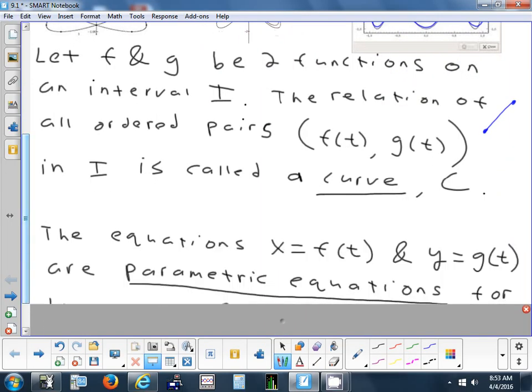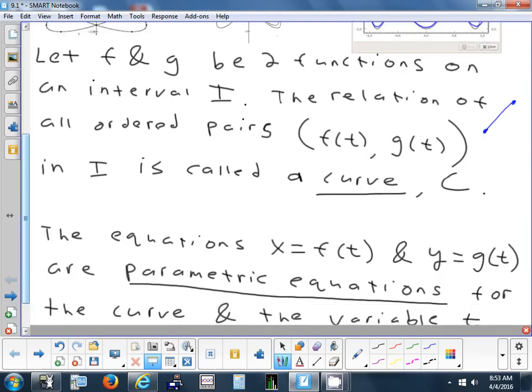The two equations that help you draw your curve, the equations you type into the calculator, are called the parametric equations for the curve. You'll have one equation for x and a separate equation for y. You'll see when we switch to parametric on the graphing calculator, it's going to look a lot different than when we had y equals.